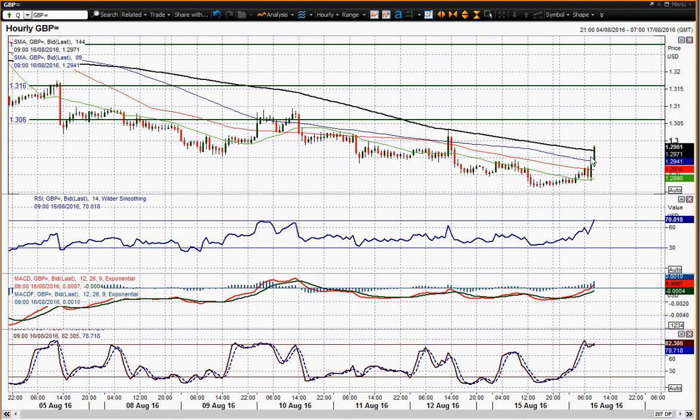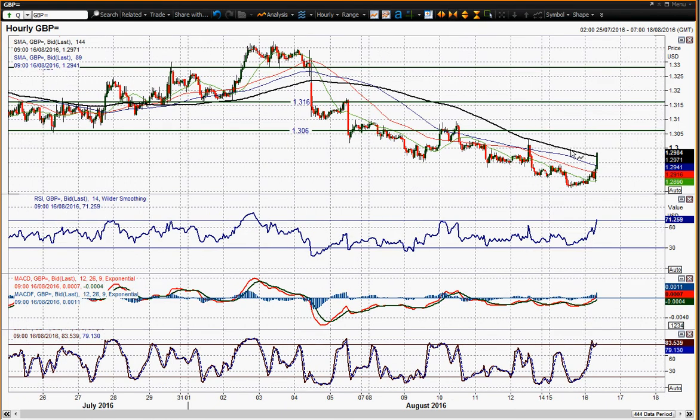Here we see the reaction higher to that inflation data for the UK. Pretty strong move, but as yet nothing too significant in terms of changing the outlook near term. You've got these lower reaction highs throughout the last week or so, couple of weeks, and as I said, 30.35 is the latest one.